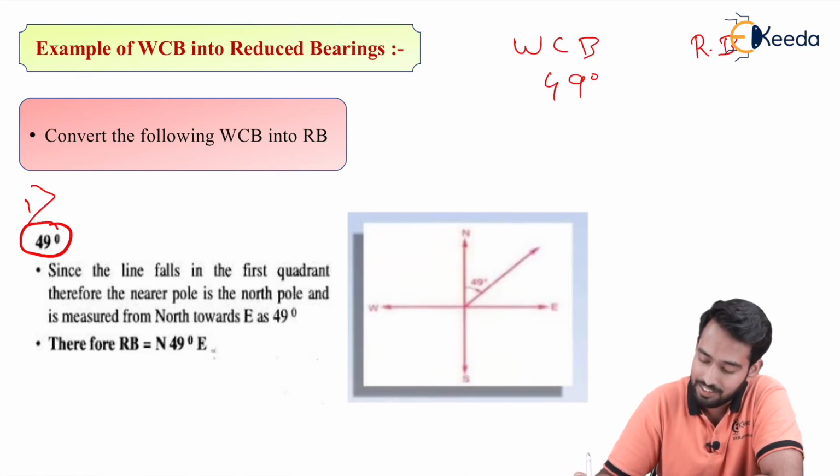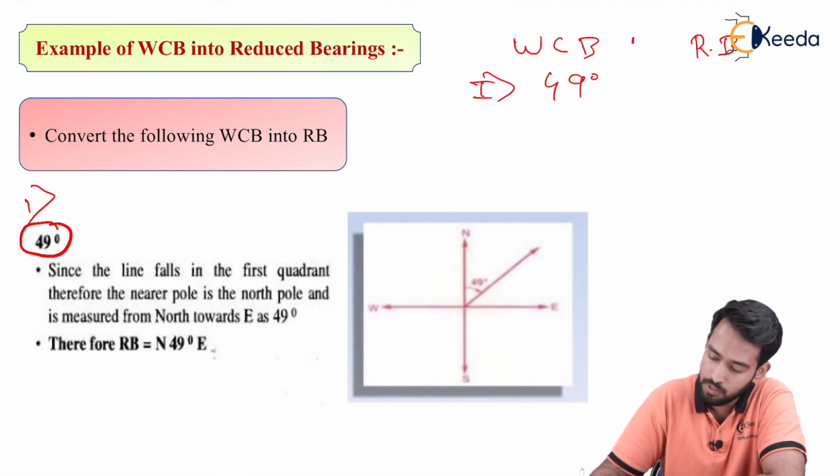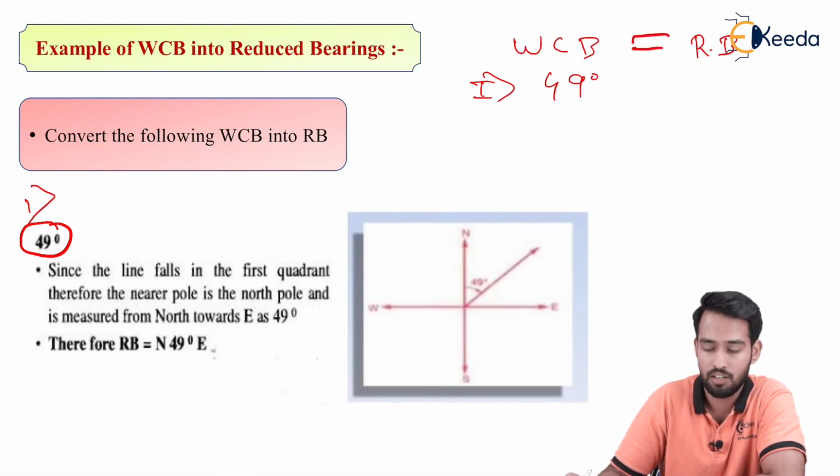The very first step is to identify in which quadrant the angle lies. The angle lies in the first quadrant, as we can see in this figure. 49 degree lies in the first quadrant. So what is the rule? The rule says in the first quadrant WCB is equal to RB or RB is equal to WCB.